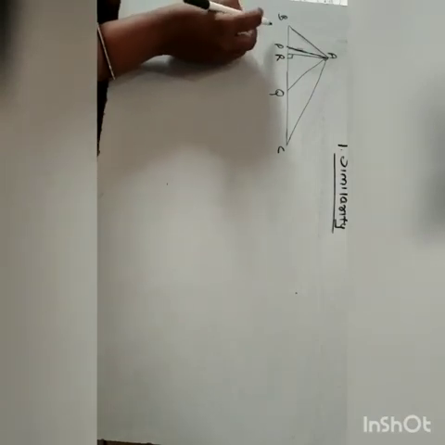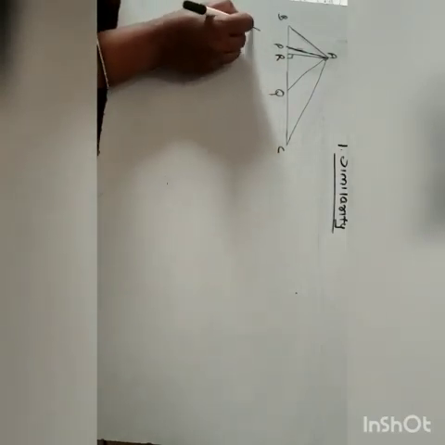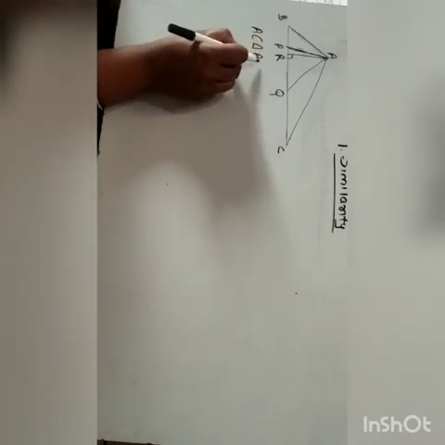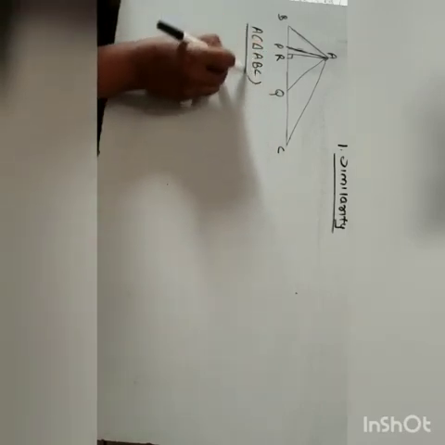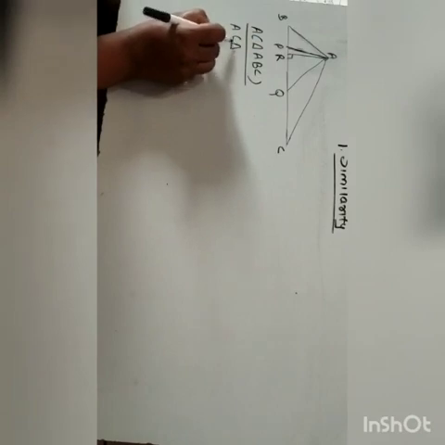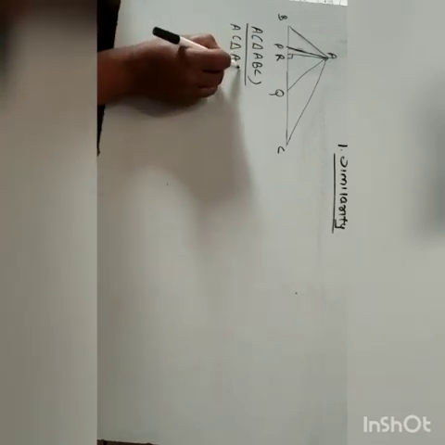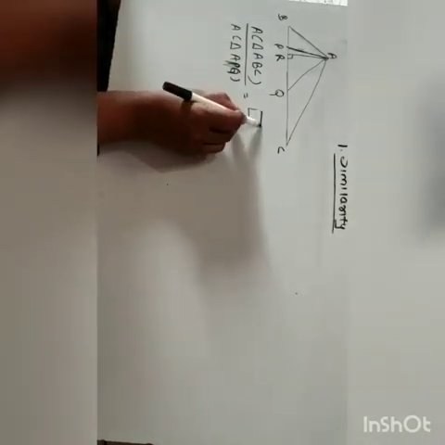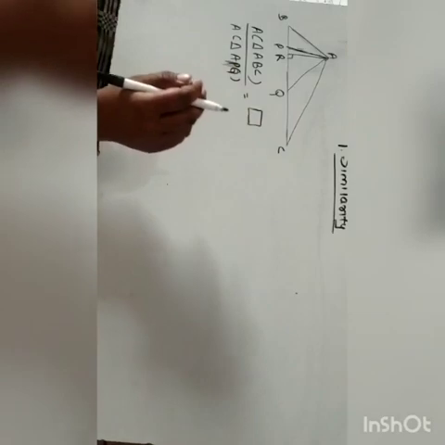So first of all we will write area of triangle ABC upon area of triangle APQ is equal to box. We have to fill in the values here.